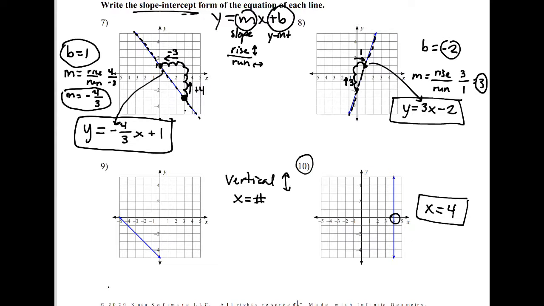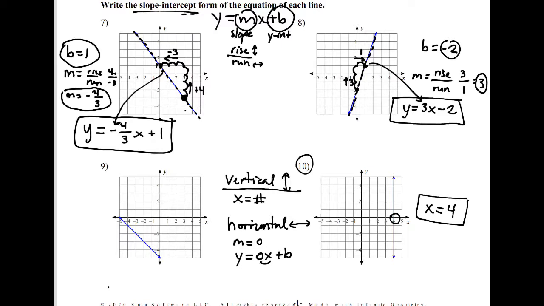Now the other case would be if you had a horizontal line. And remember, horizontal line is left to right. That actually has a slope of 0. M would equal 0 because it's flat. A flat line where m is equal to 0, when you try your y equals mx plus b, you'd have 0x plus whatever your b is.